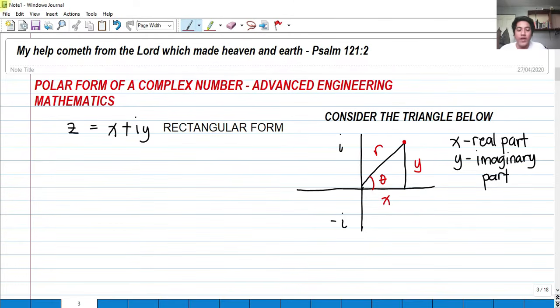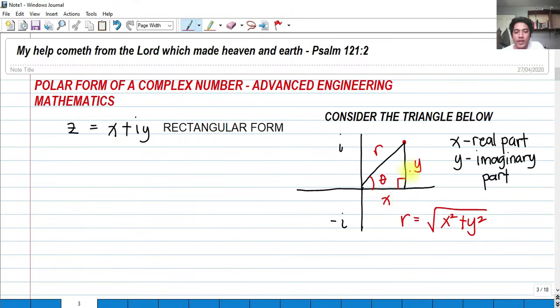It is the length of the vector representing the complex number z. By the Pythagorean formula, since this is a right triangle, we can get r simply by the square root of x squared plus y squared. So that's how we get r, the length of the vector of the complex number z.